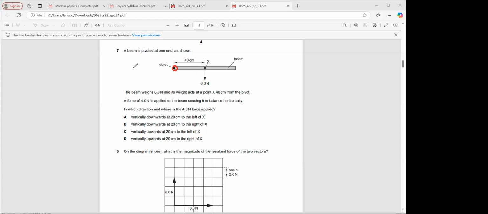It's D. Yes, right. How did you get it? Because it says vertically upwards at 20 cm to the right of X. So that would mean it would be 60 centimeters away, right? And it would be upwards. So 60 times 4 would be 240, right?